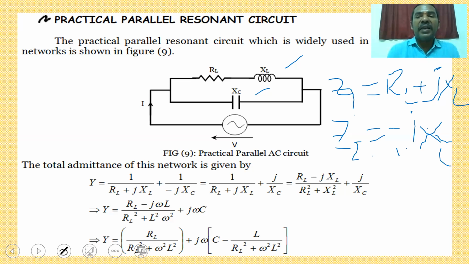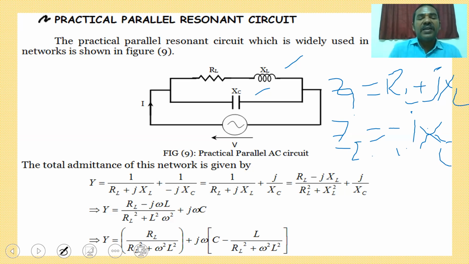Calculate the admittance values Y1 and Y2. Then the net admittance value Y is equal to Y1 plus Y2, so 1 by (RL plus jXL) plus 1 by (minus jXC), which is 1 by (RL plus jXL) plus j divided by XC.